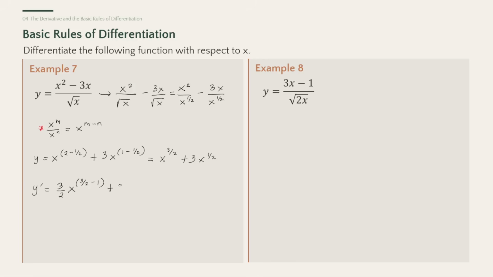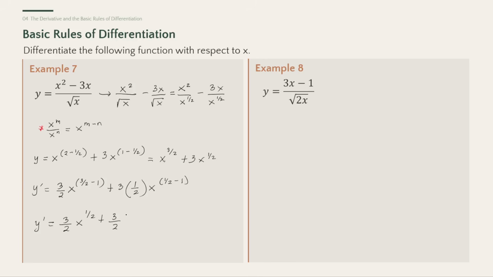Then we have 3 times, 3 is constant, n is 1/2. Then we subtract again 1 from the 1/2. And lastly, we just simplify. We have 3/2 x raised to 3/2 minus 1 is 1/2, plus this one is 3/2 also.